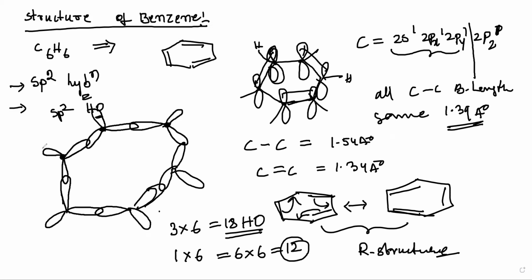That's why the number of unhybridized orbitals is 12. Each one again overlaps with hydrogen, so we get it like this. This is the structure. In total, the number of hybrid orbitals is 18 and the number of unhybridized orbitals is 12 in benzene. This is the structure of the benzene molecule.